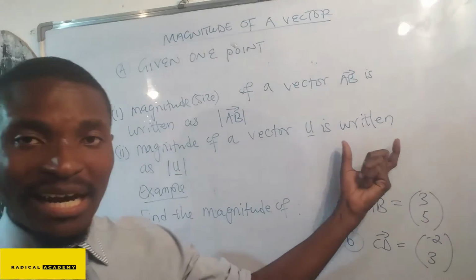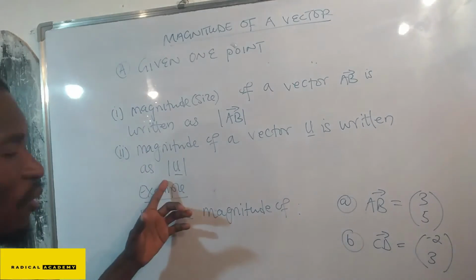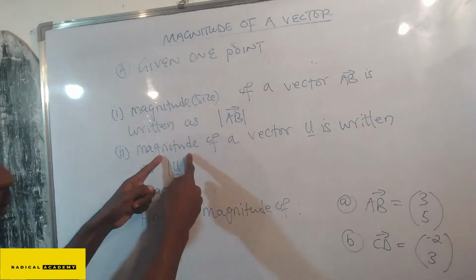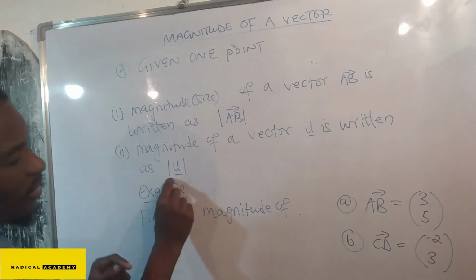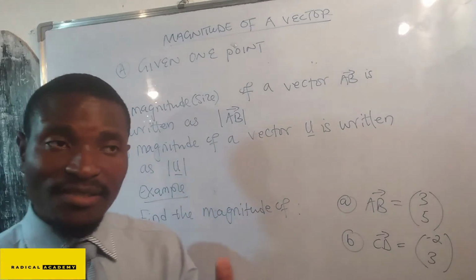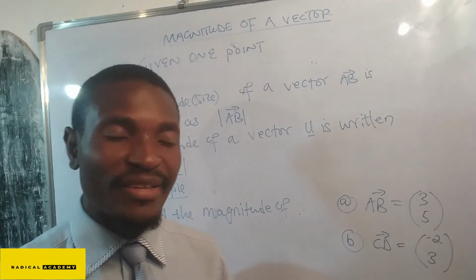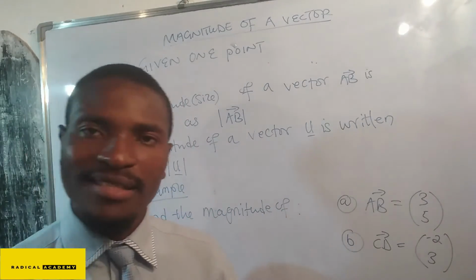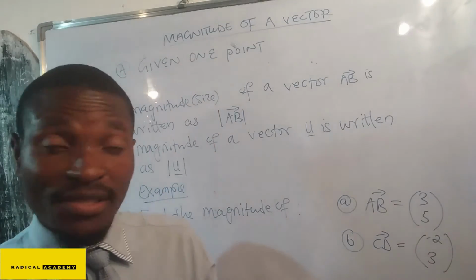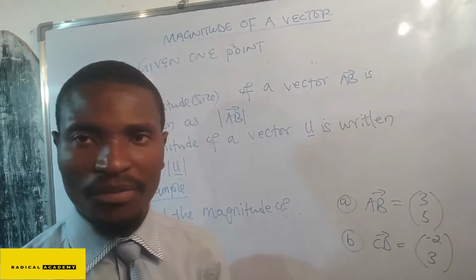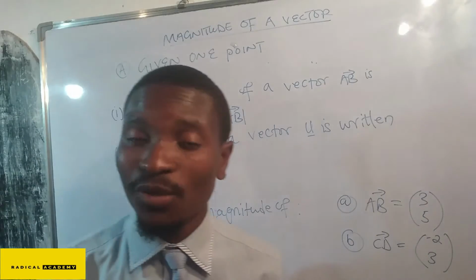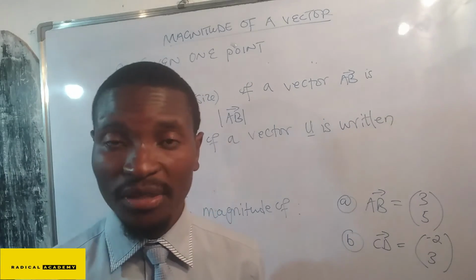The magnitude is always the same: you put the parallel lines and then the actual vector inside. At the end of the day, what we are trying to find is just the distance between, for instance, A and B.